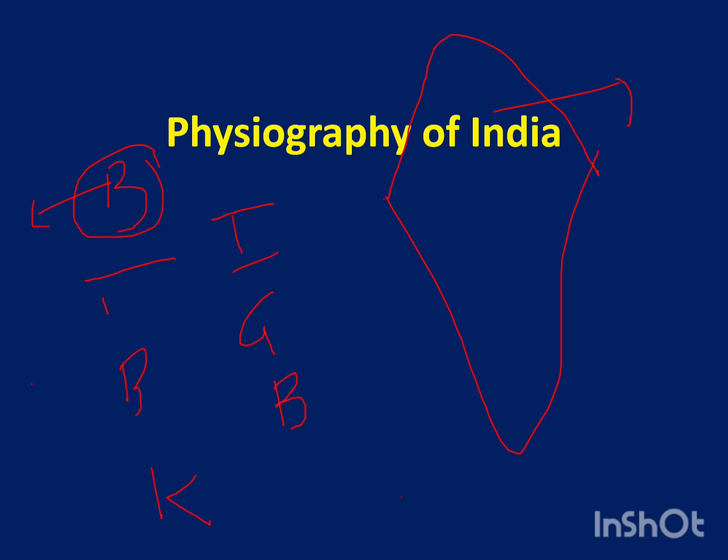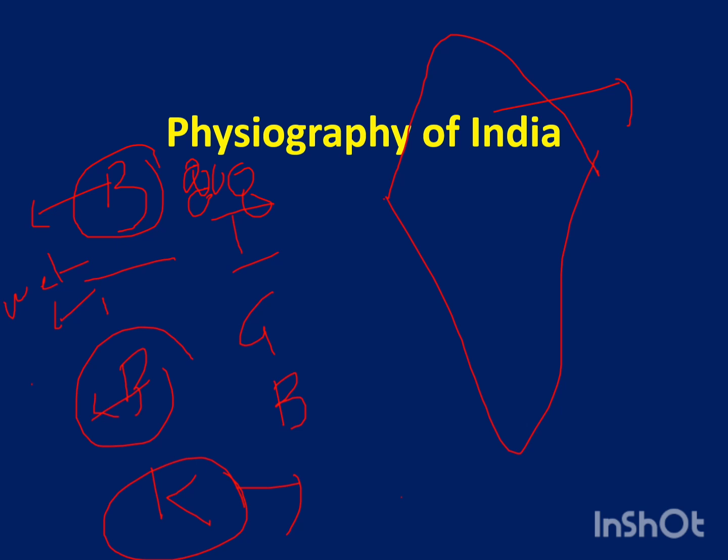Babar means big stones. Terai is south of Babar. Streams and rivers re-emerge and create a wet, swampy and marshy region, thickly forested and full of wildlife. Bangar means old alluvial soil. Kadar means new alluvial soil.